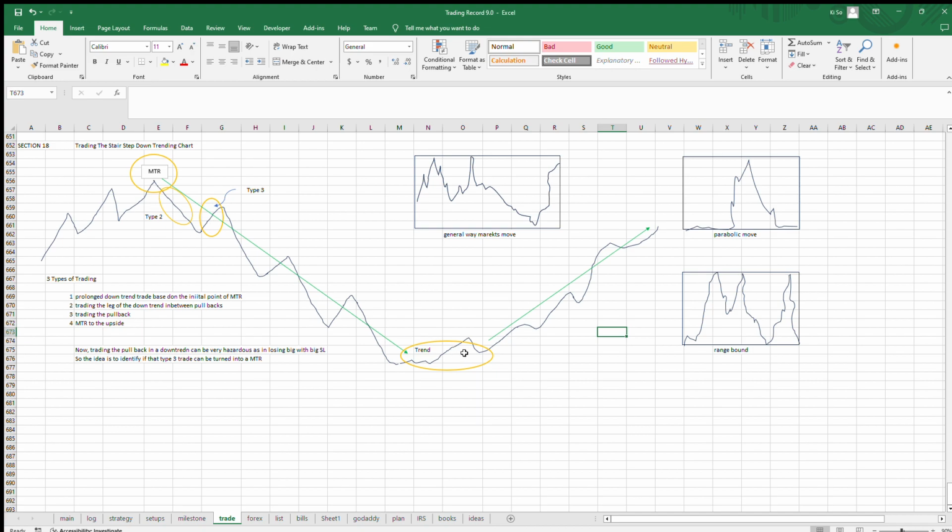So when I make a trade going in the same direction of the trend, a downtrend trade in a stair step trend, okay, a downtrend trade in a stair step downtrend.